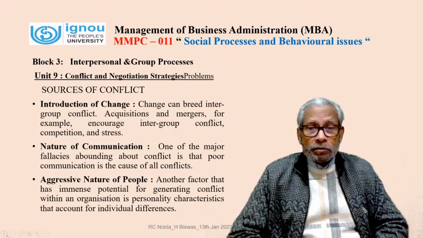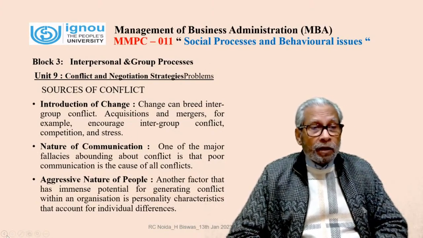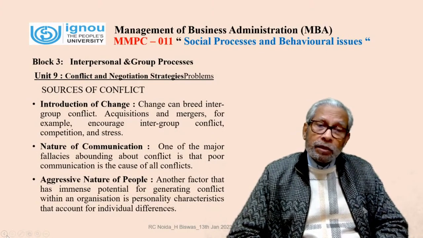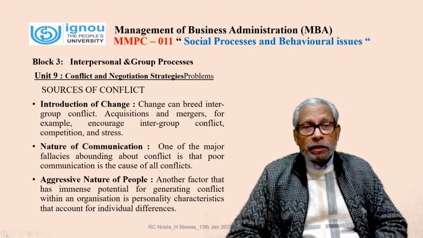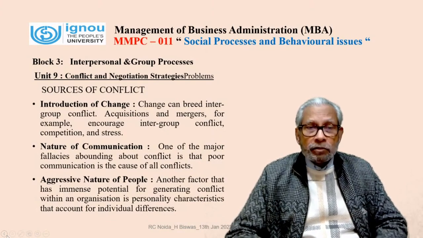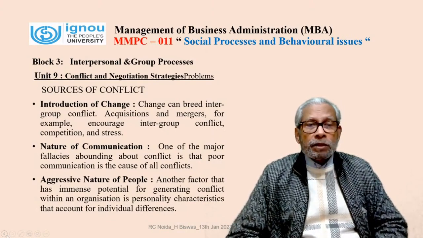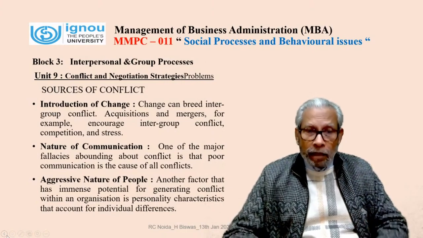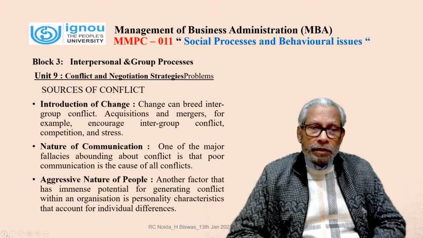Nature of communication is one of the major fallacies and causes of conflict. Poor communication is a cause, because you cannot understand things, or maybe you did not communicate properly what you really want to say. So some sort of miscommunication is there, or the convincing power is not there, or language. It will create some problems.